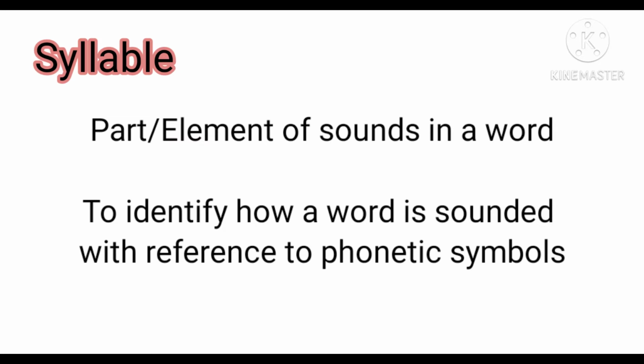So, when you understand the phonetics, you have to know about syllables. A syllable is a part or element of sound in a word to identify how a word sounds with reference to the phonetic symbols.